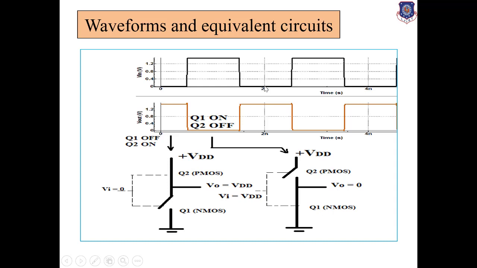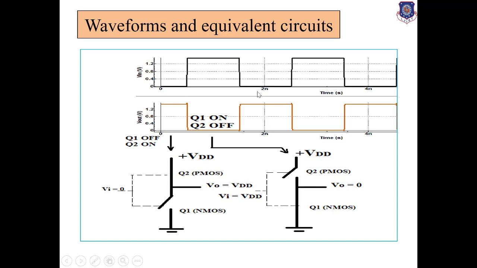Again, when input is low, that means 0, then output is high. During the period of 0 to pi, pi to 2 pi, whenever the input is 0, output is high, and whenever the input is high, output is low. So this is the inversion. Thus we can see that CMOS is used as an inverter circuit.